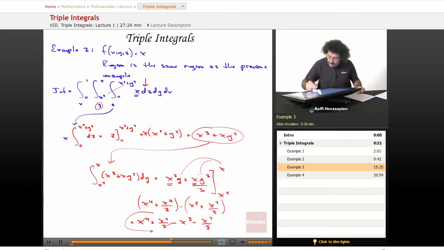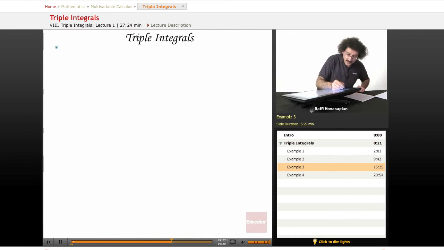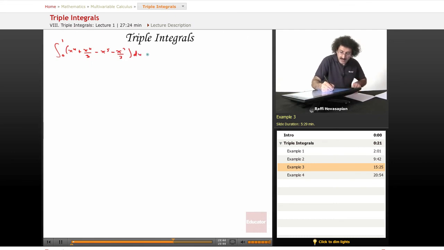So that's my new integrand for my last integral. So now I'm going to integrate from 0 to 1 of, well, x to the 4th plus x to the 4th over 3 minus x to the 5th minus x to the 7th over 3 dx.